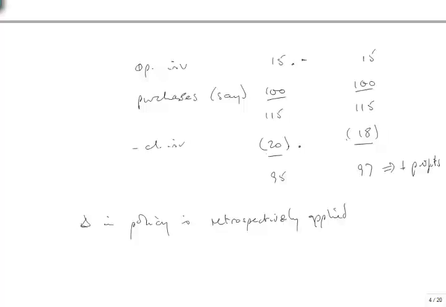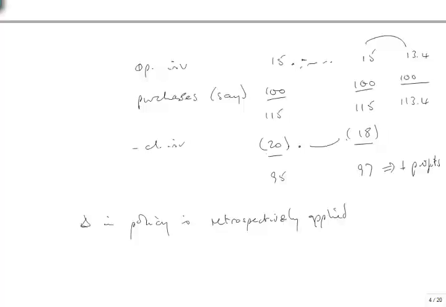So if it were accepted that we should change from FIFO to AVCO, then we would need to go back and restate last year's profits by adjusting this 15 million, and it would need to be reported as 13.4. So 13.4 with 100 purchases will give me 113.4, but of course you see that has increased the cost of sales.